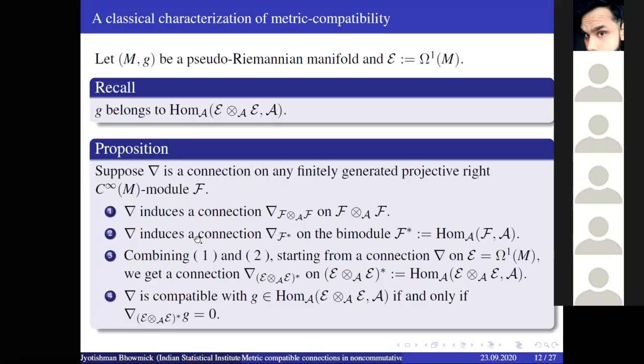There are several steps. Suppose I have a vector bundle over M. It then makes sense to talk about connections.